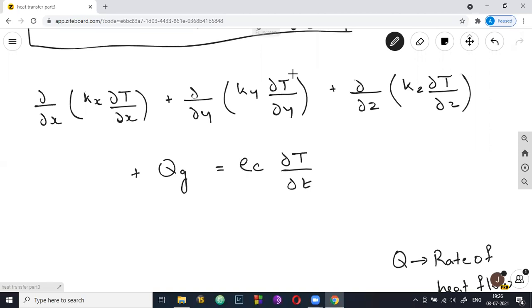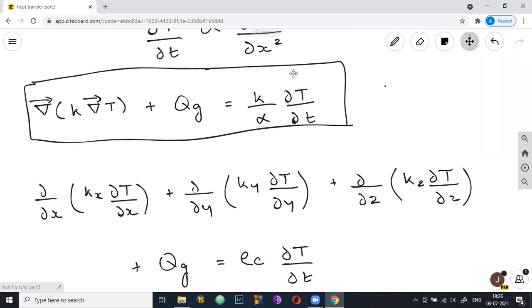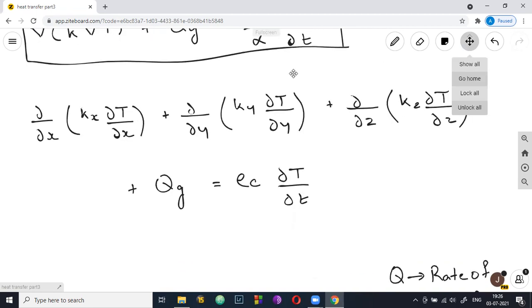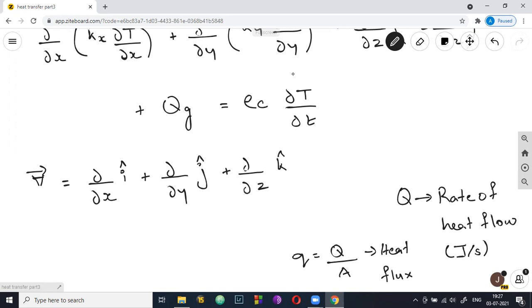The only consideration here is K is not constant in all the directions. So this is the generalization. The same thing I've done in vector quantities, where this del vector, known as nabla vector, stands for dou by dou x i bar plus dou by dou y j bar plus dou by dou z k bar. Got the logic here?